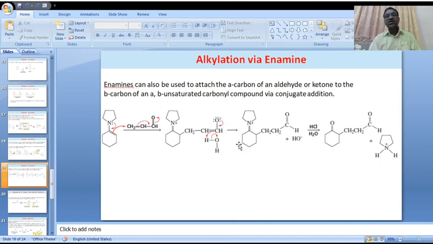This is the conjugate addition product. On acidic hydrolysis, the secondary amine is cleaved. Finally we get the alpha substituted product, where conjugate addition has taken place on the alpha carbon.